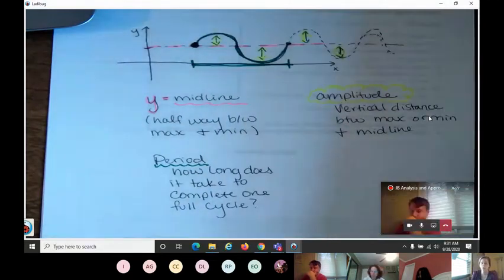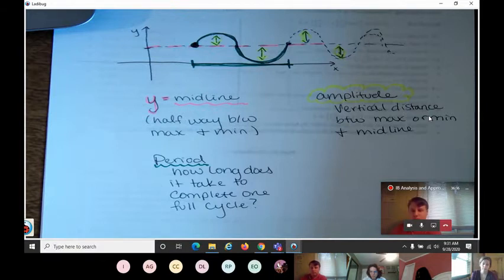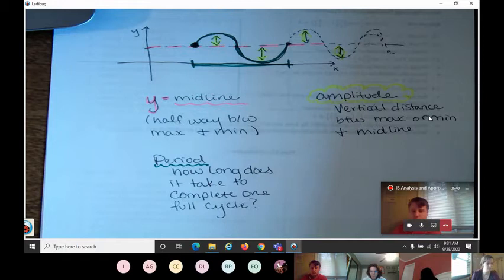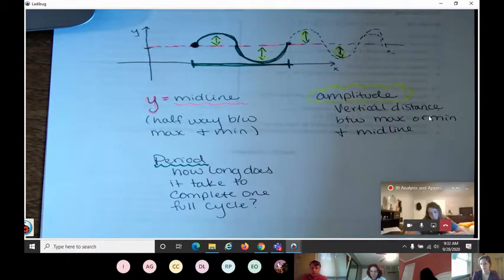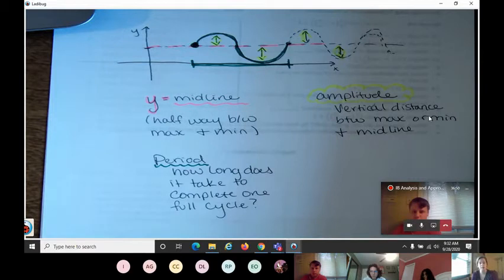What questions do you guys have about amplitude? If there are no questions, we'll talk about our last thing, which is the phase shift.